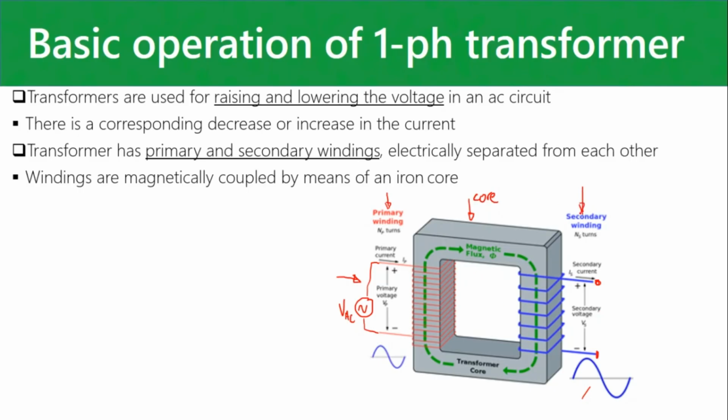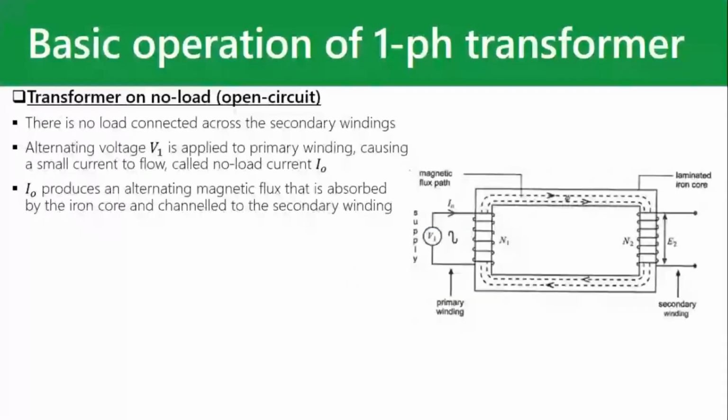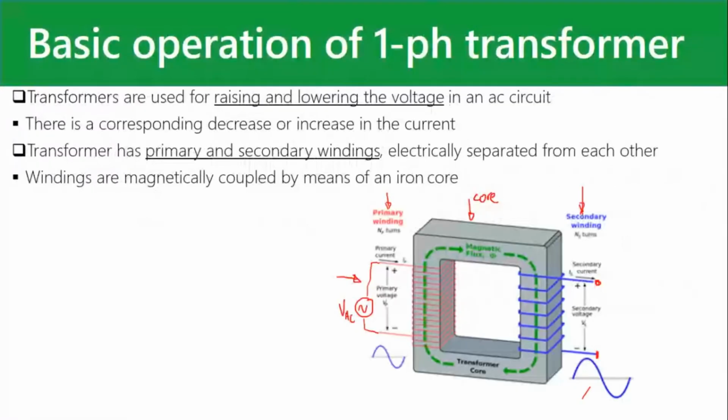Depending on the ratio of the turns, so if this is N1, the number of turns on the primary, then the number of turns on the secondary gives you your voltage ratio. So we use it to step the voltage on the secondary up and down.